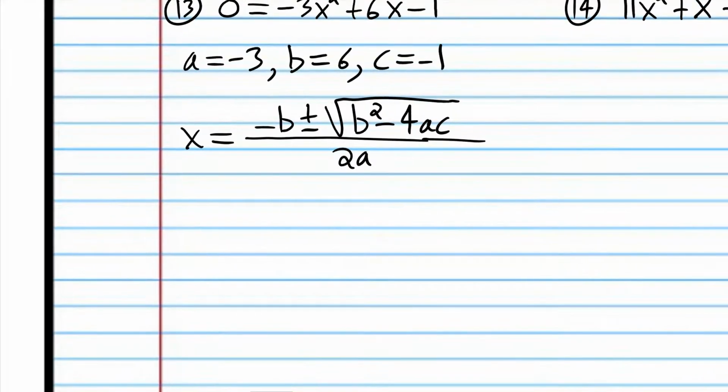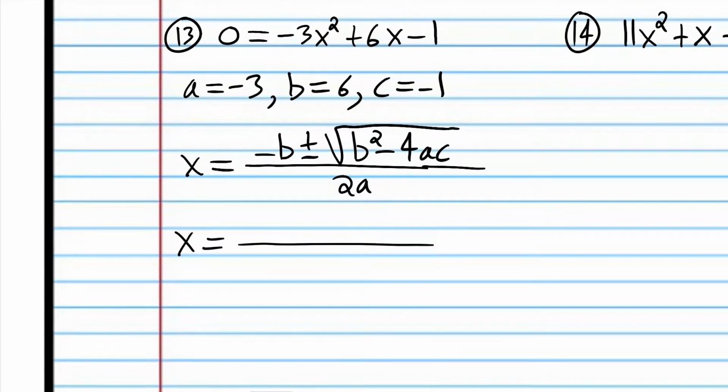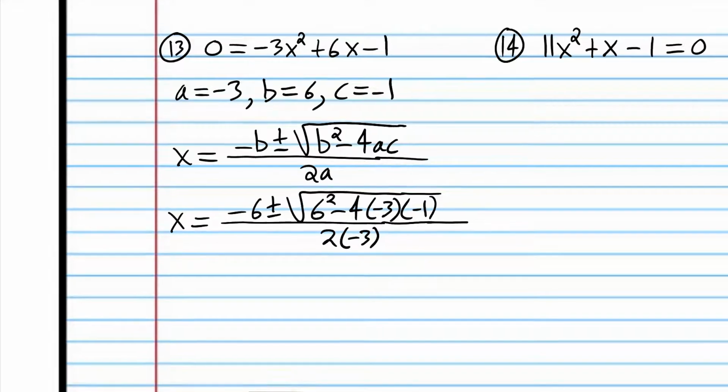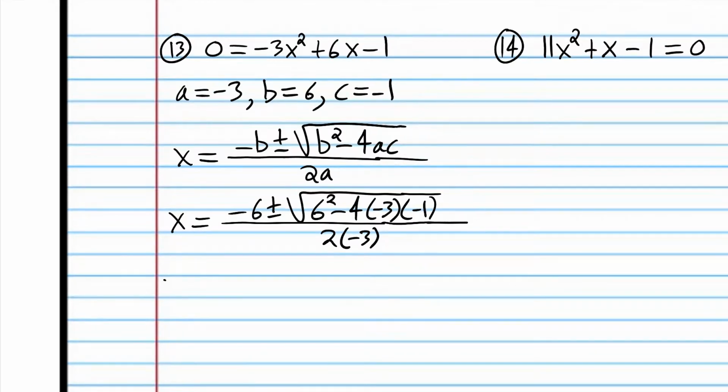All right, we're back. So we're just going to plug in the numbers as usual. B is 6. Plug in B again, and plug in A is -3, and C is -1. And all we have to do is simplify at that point, as usual.